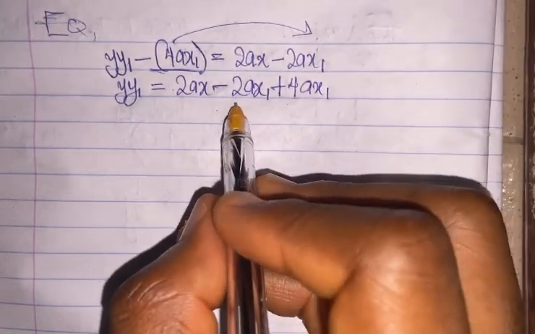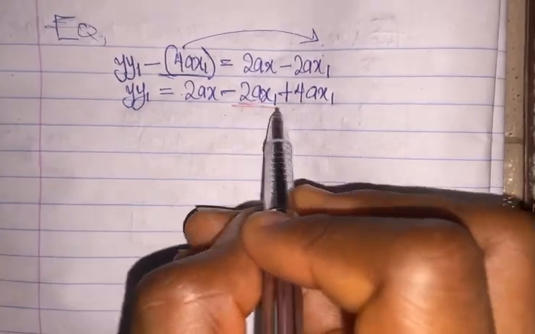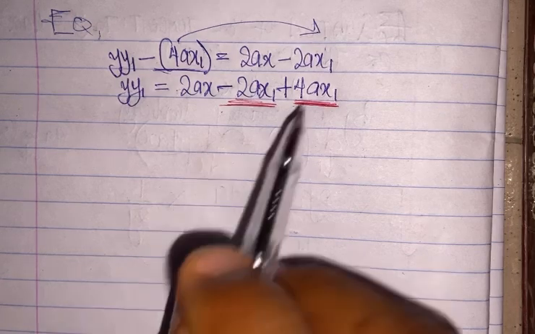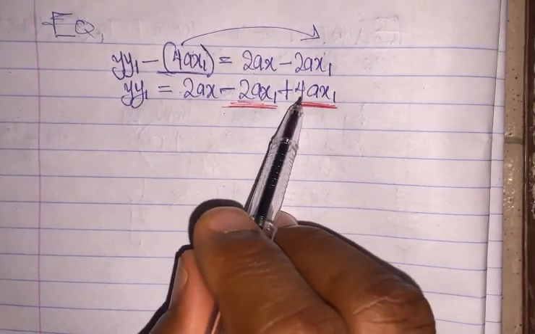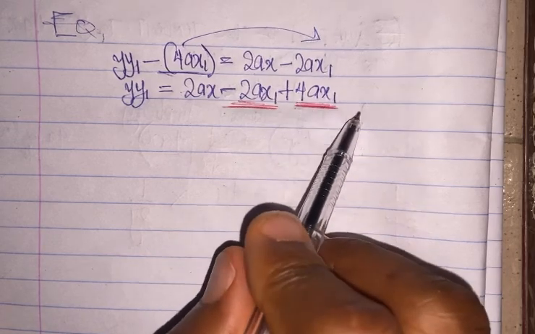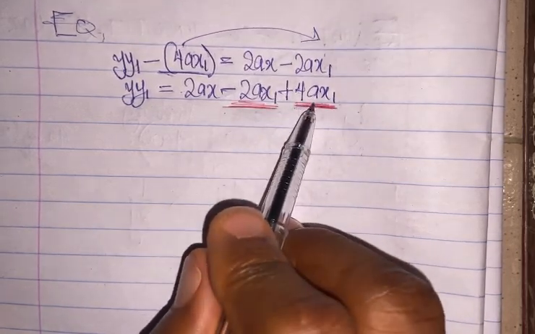Take note that these two expressions are like terms. 4ax1 minus 2ax1 will give us 2ax1.